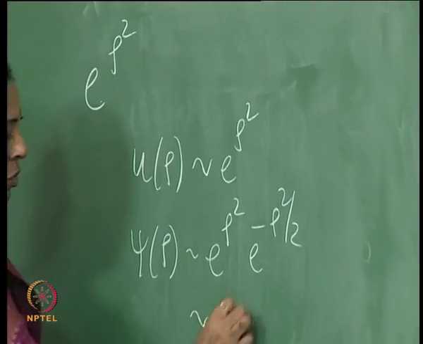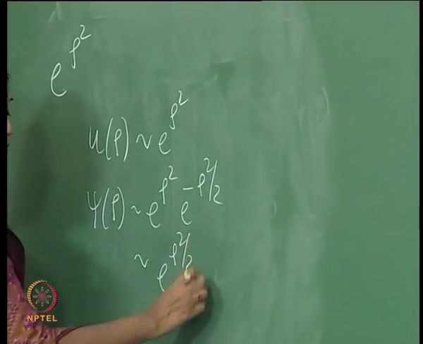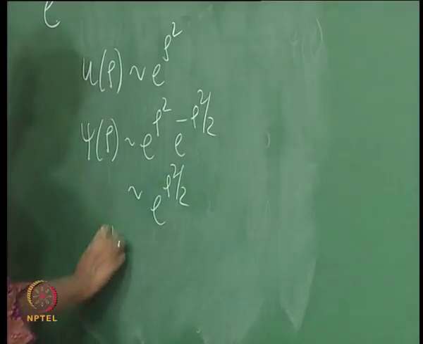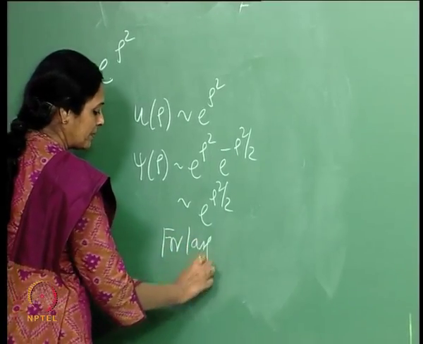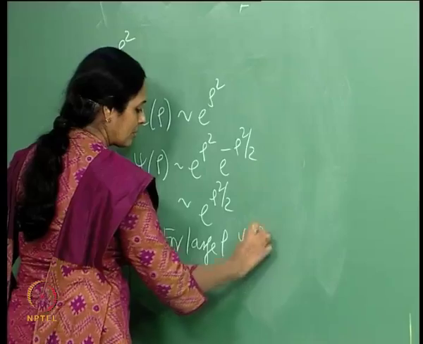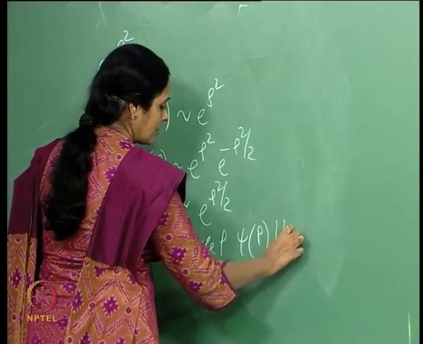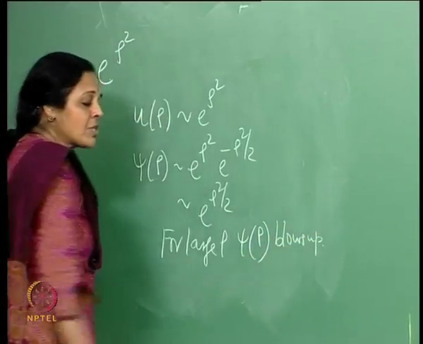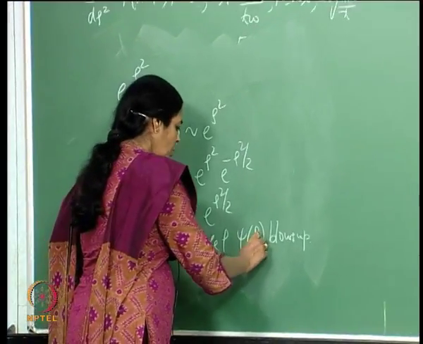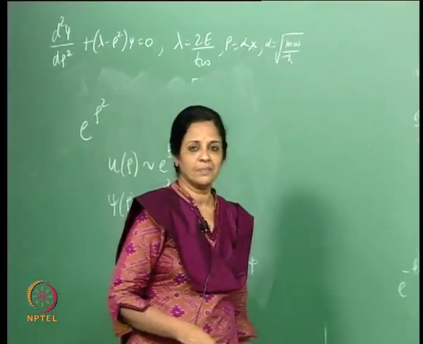This is therefore e to the rho squared by 2, which is unfortunate because for large rho it blows up. But I want psi of rho to go to 0 as rho goes to infinity.